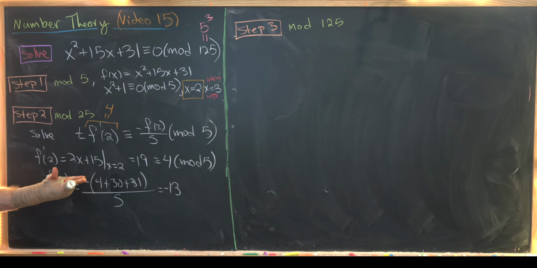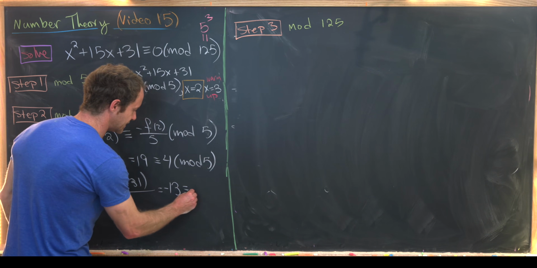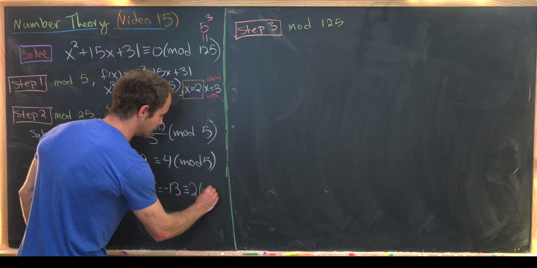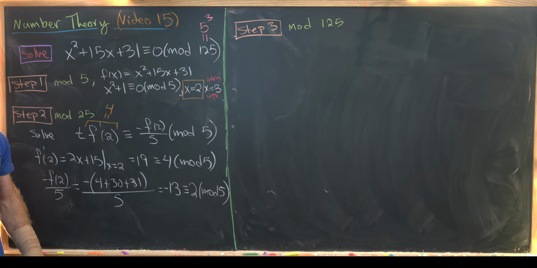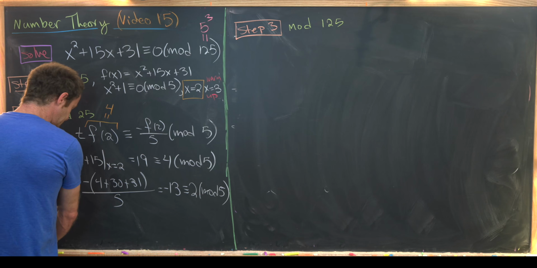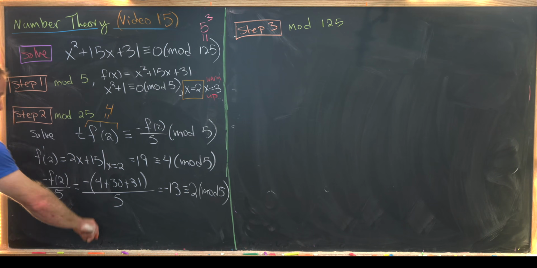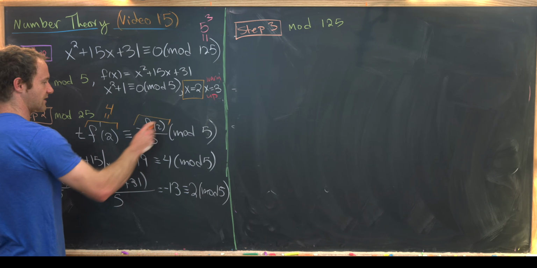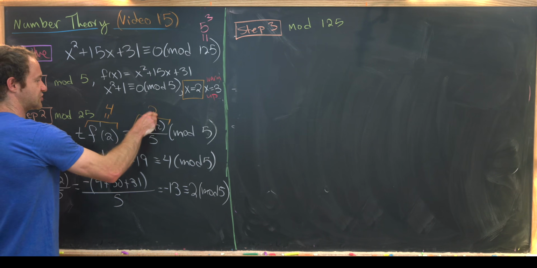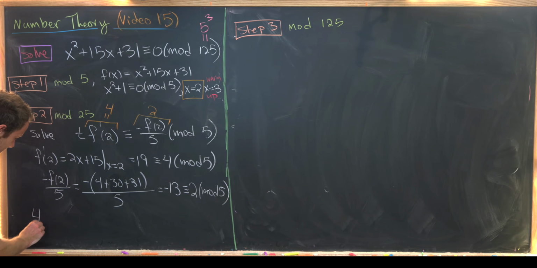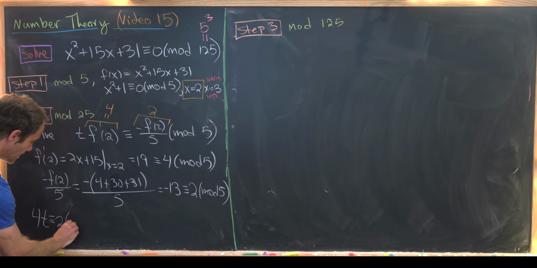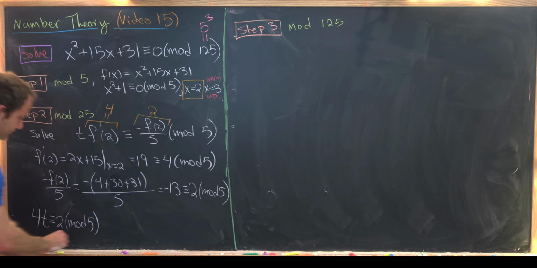But again, we only need to work modulo 5, so it's useful to notice that that is the same thing as 2 mod 5. It's 2 more than a multiple of 5. That multiple of 5 is negative 15. So just as we did with this thing right here, we can exchange this for the number 2. That means the congruence that we need to solve is 4t is congruent to 2 mod 5.